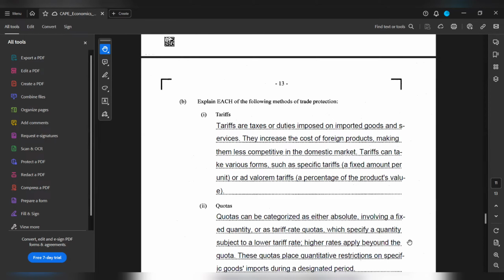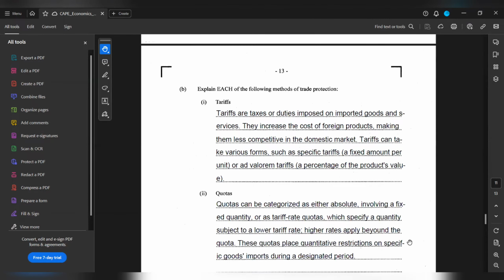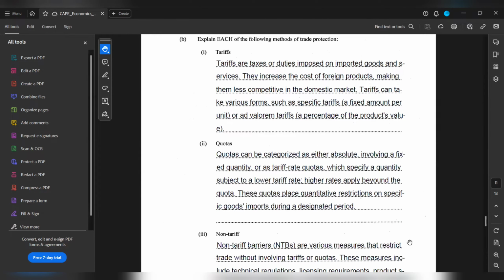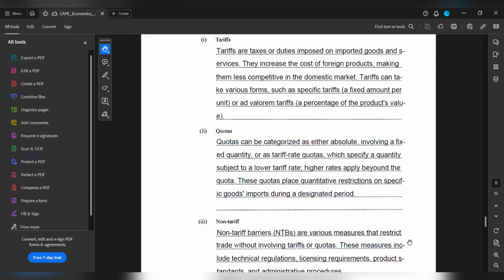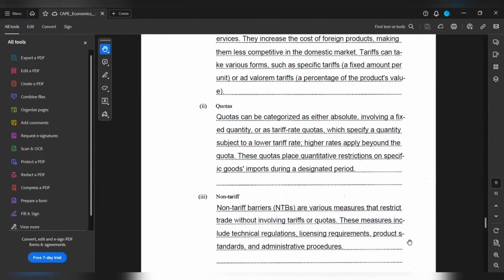These quotas place quantitative restrictions on specific goods imports during a designated period. Non-tariff barriers, NTBs, are various measures that restrict trade without involving tariffs or quotas. These measures include technical regulations, licensing requirements, product standards, and administrative procedures.